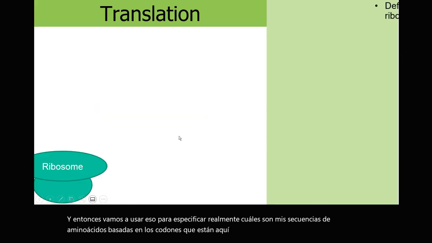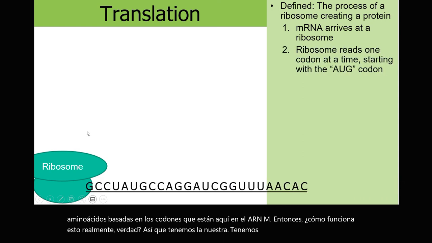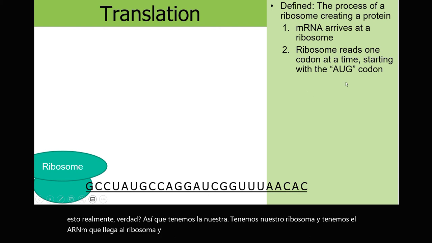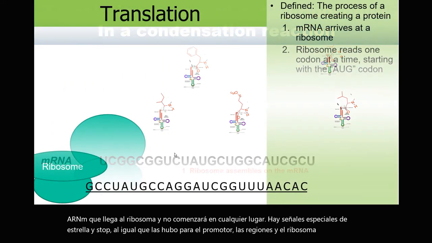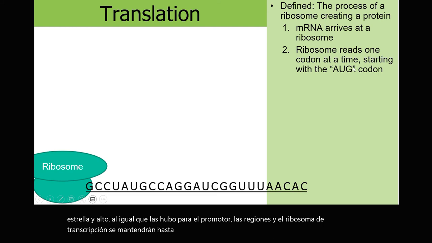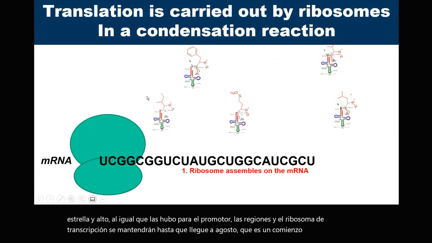So how this actually works, right? We've got our ribosome, and we've got the mRNA that arrives in the ribosome, and it will not start just anywhere. There are special start and stop signs, just like there were for the promoter regions in transcription. A ribosome will carry along until it gets to an AUG, which is a methionine start codon. So what's going to happen first, right?